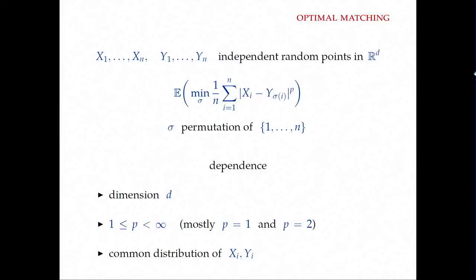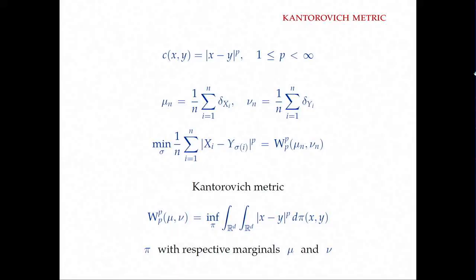So this is the goal here of what we would like to discuss. Before, let us present a few general facts and some surveys, some results on the general problem of optimal matching as presented here, in particular depending on the various parameters. Before doing this, we will recast this optimal matching problem in terms of the so-called Kantorovich metrics.